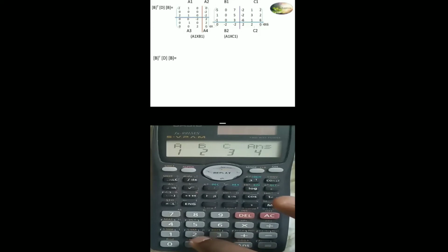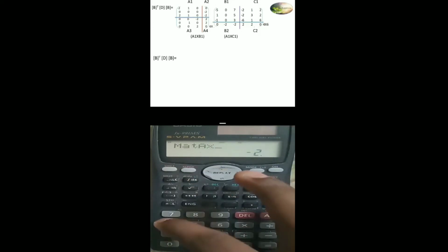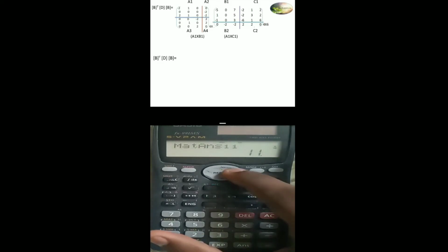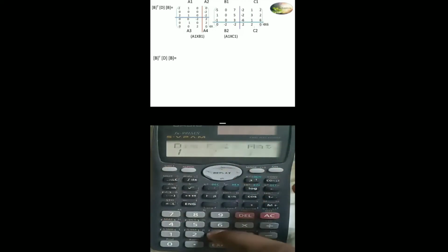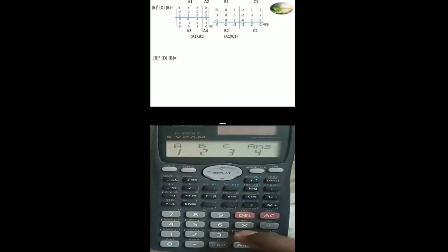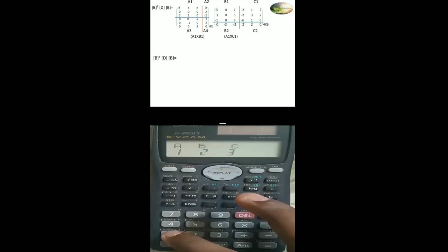First multiply A1 into B1, get the values, then multiply A1 into C1. Now enter the value of A3 in A1.